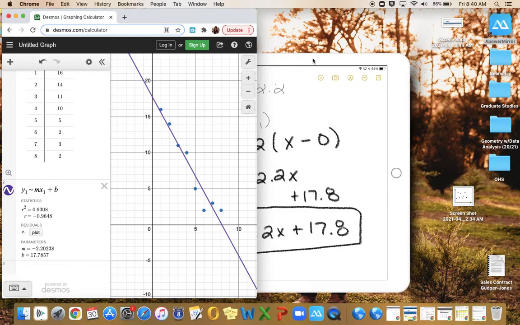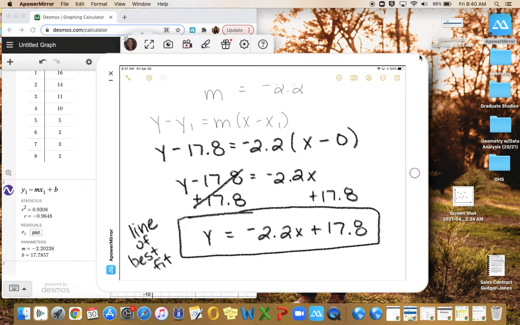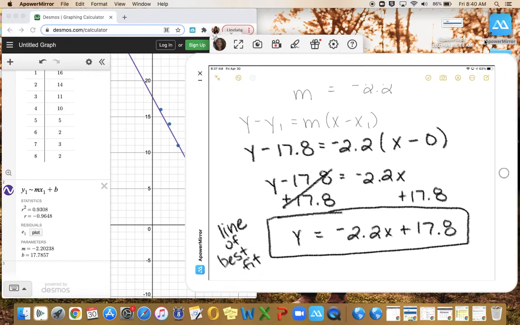So let's look pretty quickly at what we just did when we found our line of best fit. So you actually found your slope being negative 2.2 and your y-intercept being 17.8. So you could just look at these parameters and find your line of best fit.